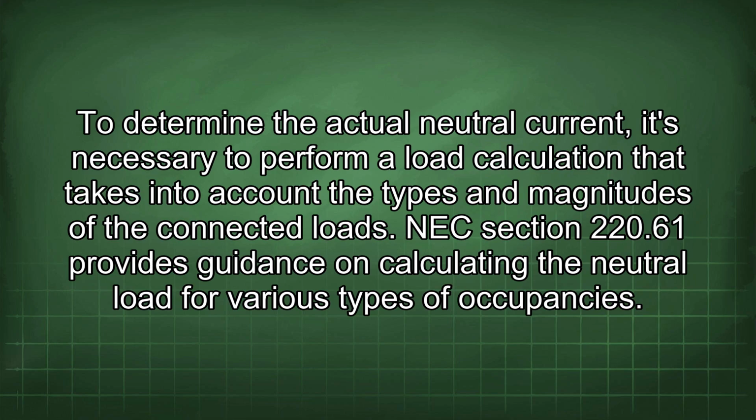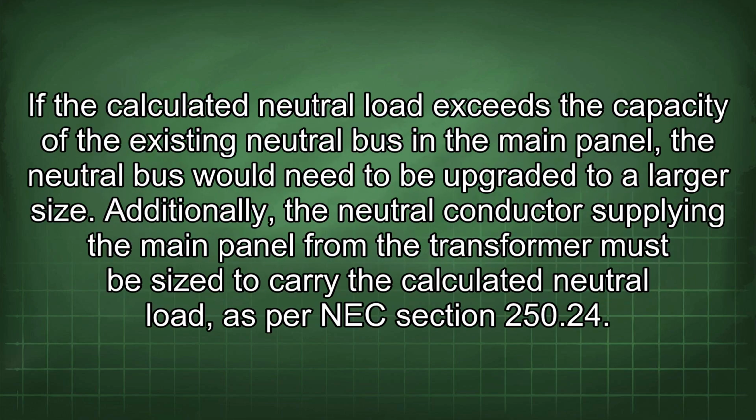NEC Section 220.61 provides guidance on calculating the neutral load for various types of occupancies. If the calculated neutral load exceeds the capacity of the existing neutral bus in the main panel, the neutral bus would need to be upgraded to a larger size. Additionally, the neutral conductor supplying the main panel from the transformer must be sized to carry the calculated neutral load as per NEC Section 250.24.